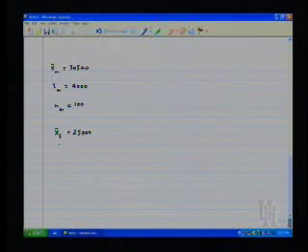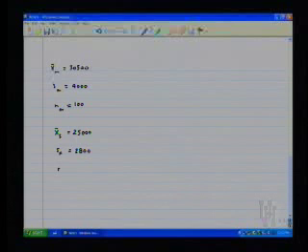Let us assume that the standard deviation of the female income scores is $2,800. And let's assume that there are 100 females in the study too.